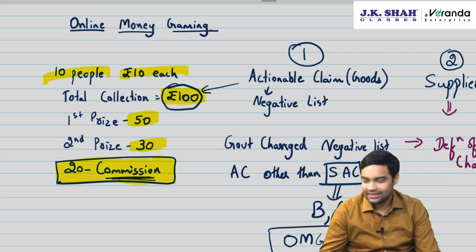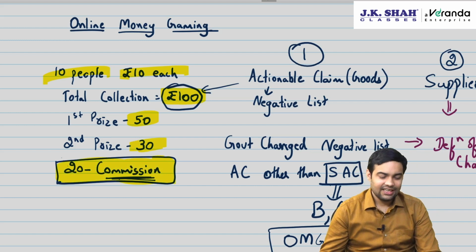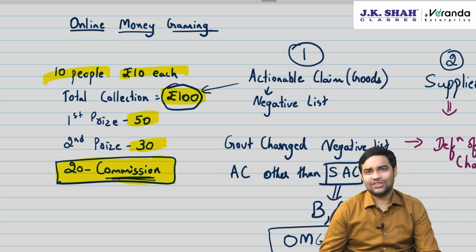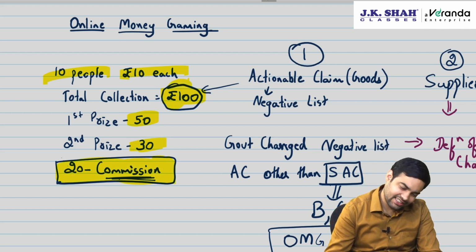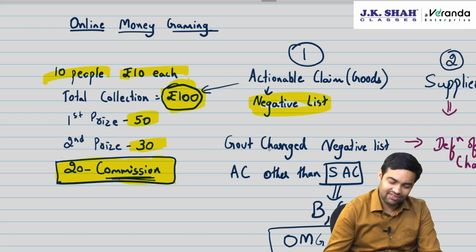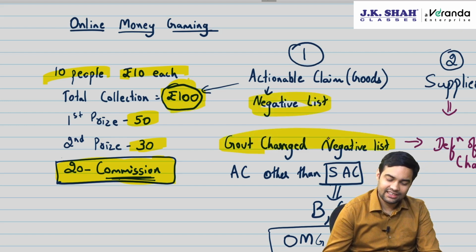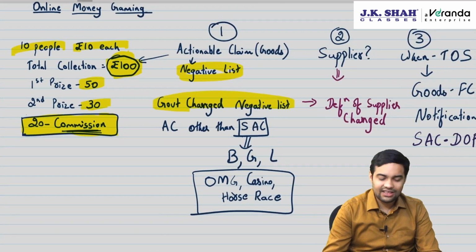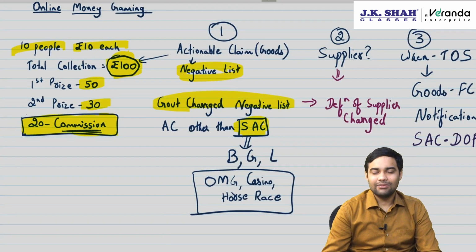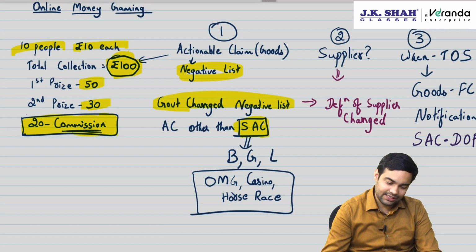On 20, the tax was being discharged, but government was not happy with this. They wanted GST on entire 100. So they changed the negative list and they said actionable claim other than specified actionable claim. That means specified actionable claim will be liable.